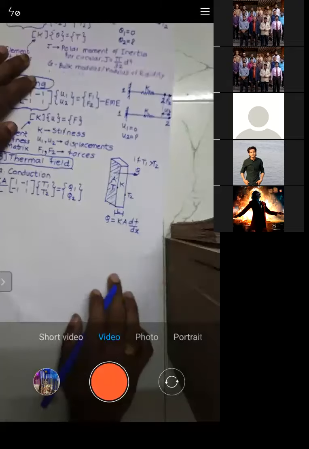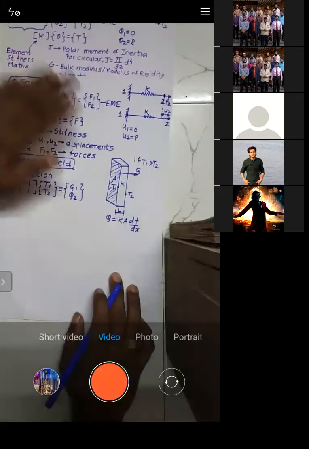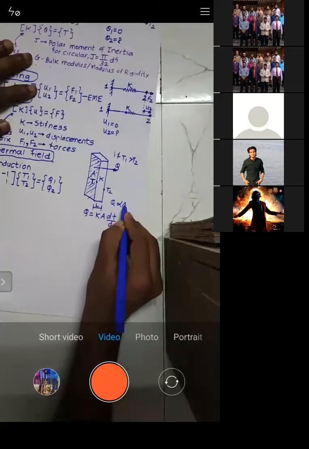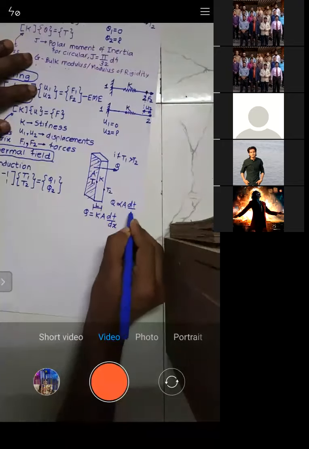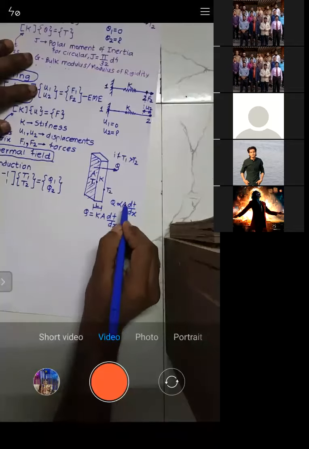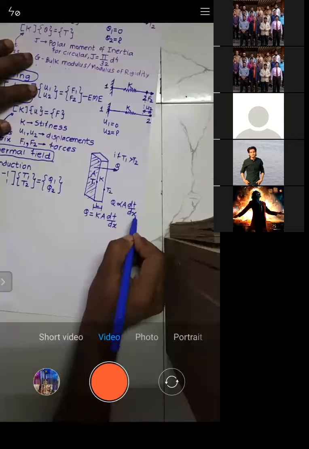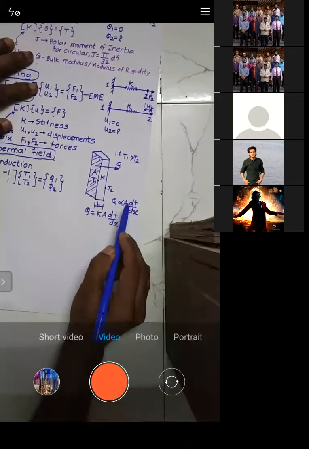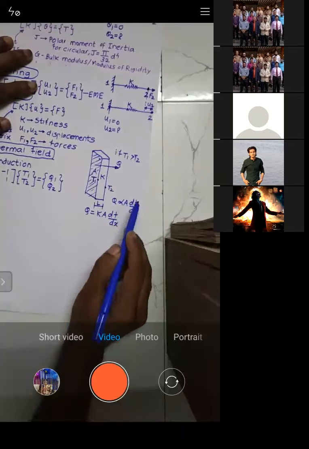Simply, the Fourier law says that Q is directly proportional to A dT by dx. Heat transfer is directly proportional to the cross-section area multiplied by change in temperature divided by thickness. dx is nothing but thickness, and that is L.